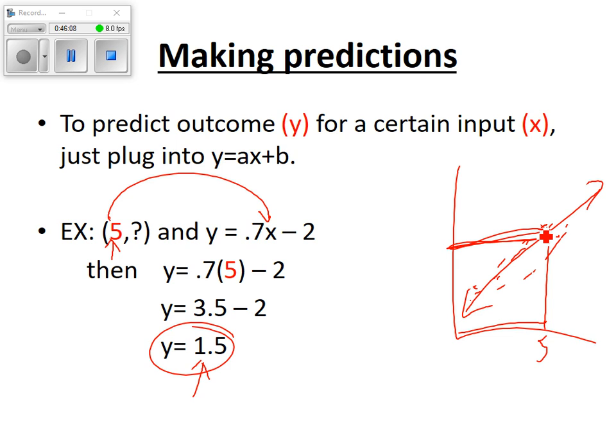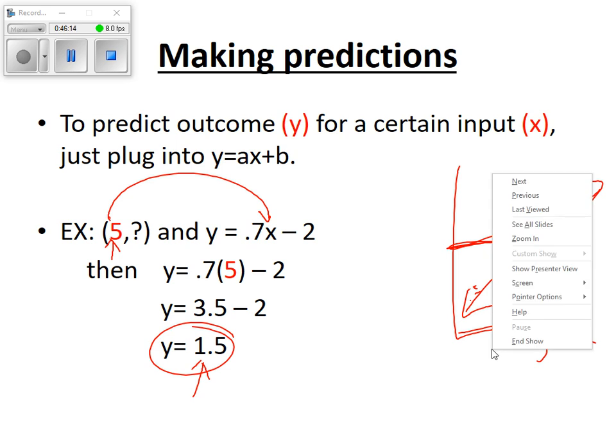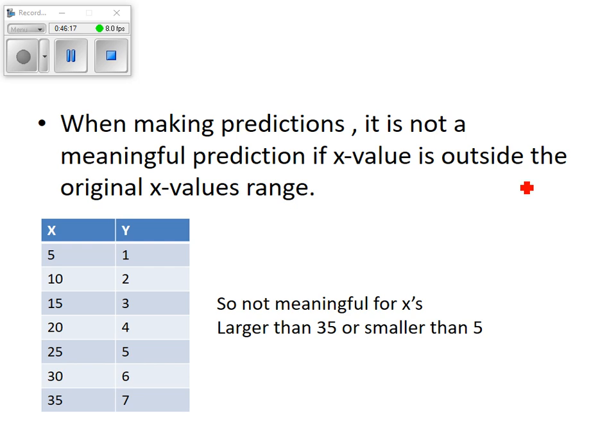Then there's one last thing. When you're making a prediction, and make sure that you understand this, it's not a meaningful prediction if the X value is outside the original range of the sample values, the sample X's.